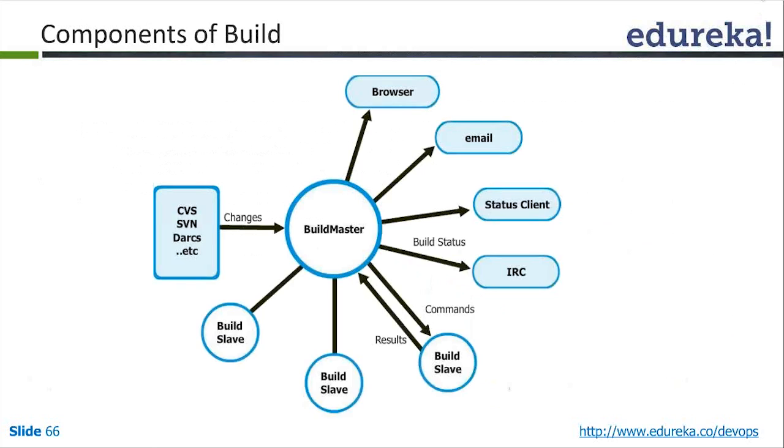Okay, so components of a build. We saw that there are various ways to trigger a build. It could be a commit, it could be a URL, or it could be any other process.